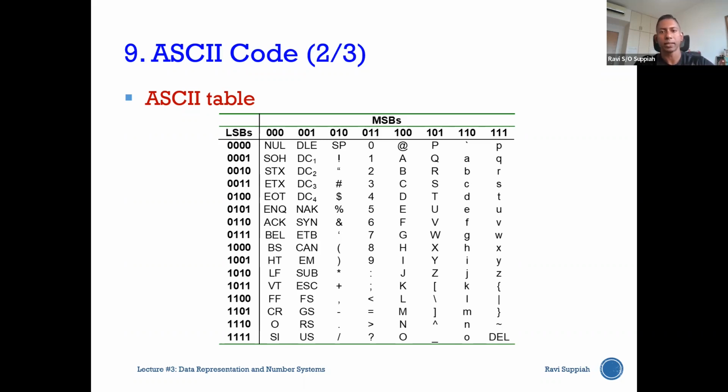Last lesson we stopped at the ASCII table. We saw that the ASCII table is a way in which you can transmit characters across systems in a standardized way.